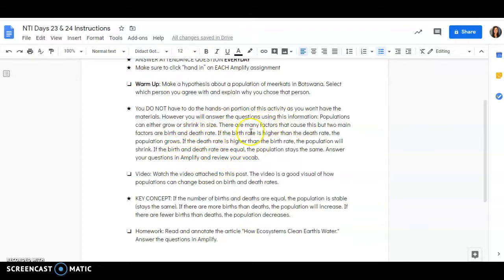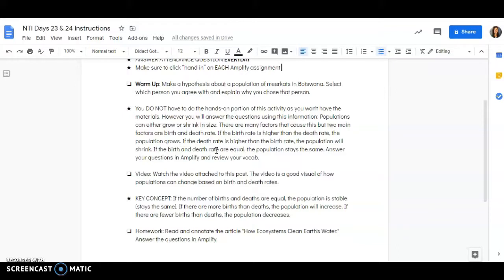So the idea is that populations will either grow or shrink. And there's many factors, but the main factors are the birth and the death rate. So if a population is having a lot of babies and the birth rate is high, and it's higher than the death rate, that obviously means the population will grow because there's more babies coming in than things dying.